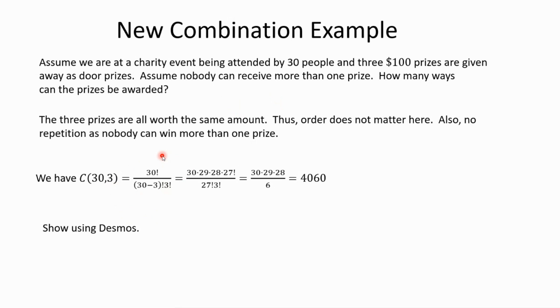If you were to work it out, you would get the stuff on the right. The top here, I'm just using something we saw earlier: n factorial is n times n minus 1 factorial. But again, you can get this using Desmos.